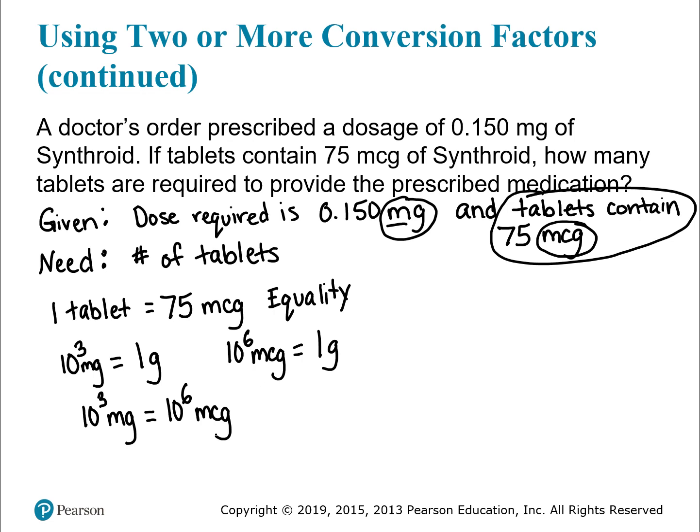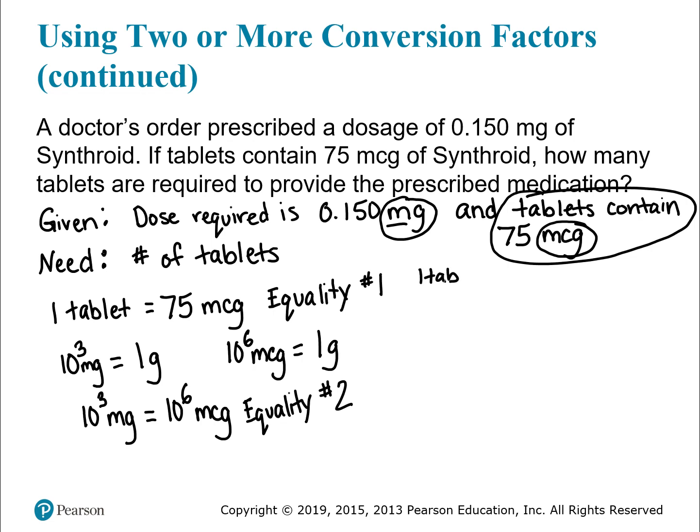Now we need to write some, I'm making all the mistakes right now. Let's not. I'm getting ahead of myself because I'm excited. So that's equality number 1. Here's equality number 2. We need to write some conversion factors. We can write 2 for each.